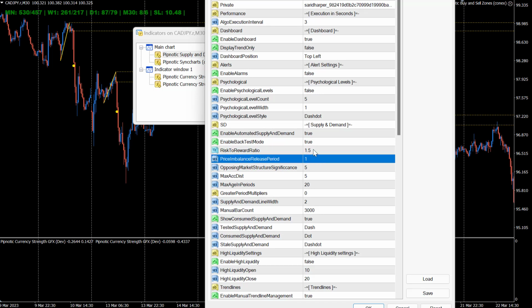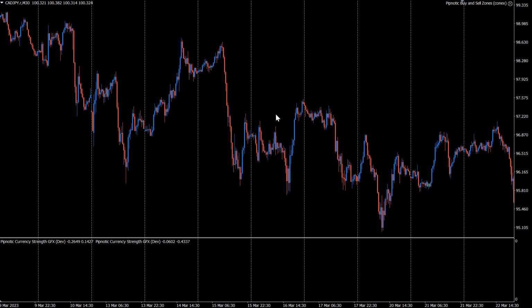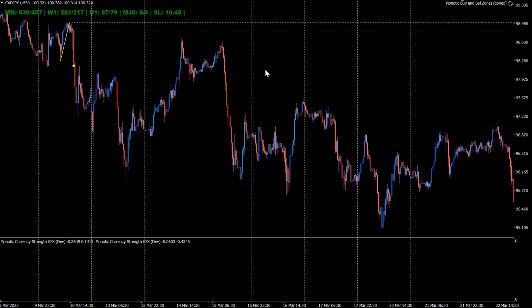But you want this stretch in price to happen very quickly, and I want it to happen within one period. Okay, so we could even go 3. Okay, so we'll do that, 3. So we want price to jump up to be 3 times the size of this area within one period. Okay, this one happened in London.